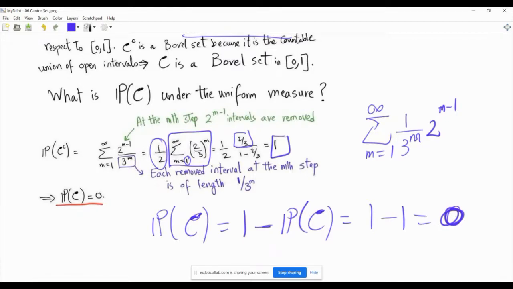And of course, the probability of choosing a rational number is 0. The probability of choosing any number that belongs to a finite or countably infinite set is 0. But the nice thing about the Cantor set is that it is composed of an uncountably infinite collection of points. Despite that, its probability is equal to 0.